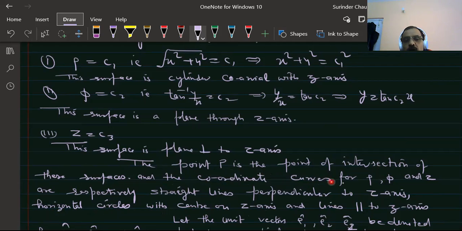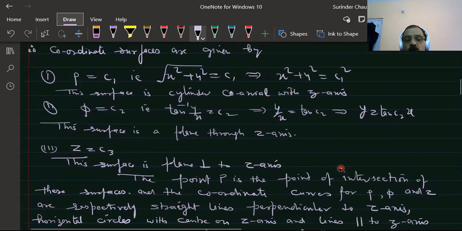The coordinate curves for rho, phi, and z are respectively straight lines perpendicular to the z axis, horizontal circles with center on the z axis, and lines parallel to the z axis. These are the coordinate curves. So these are the coordinate surfaces and the coordinate curves.